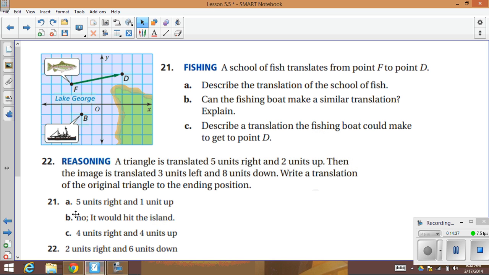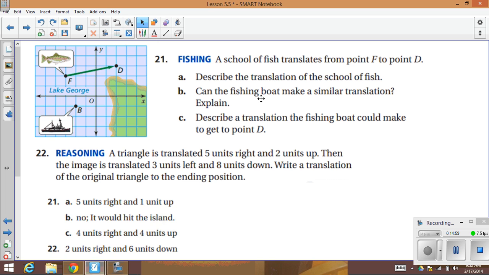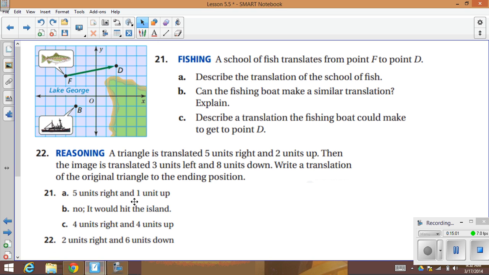Part C, describe a translation the fishing boat could make to get to point D. It can go 4 units to the right and then 4 units up. That was number 21.